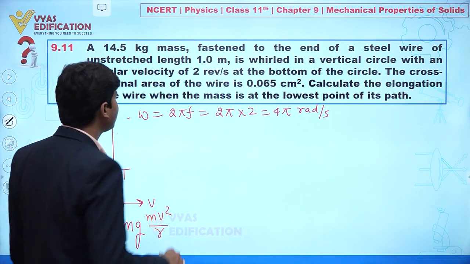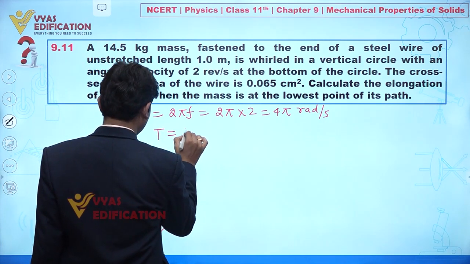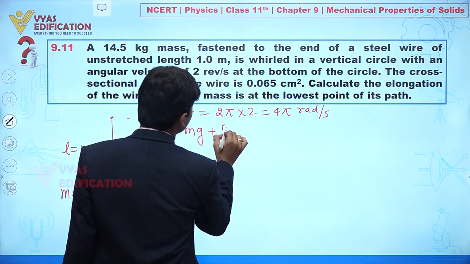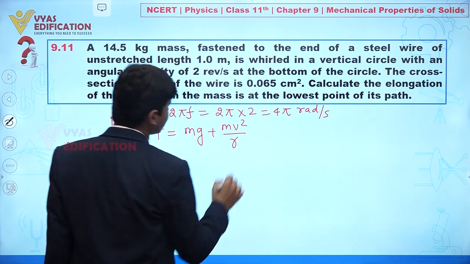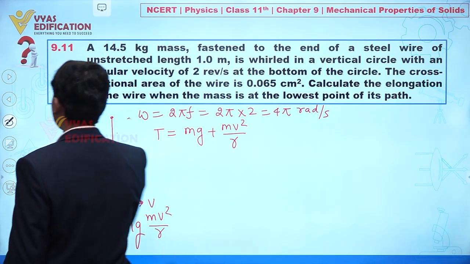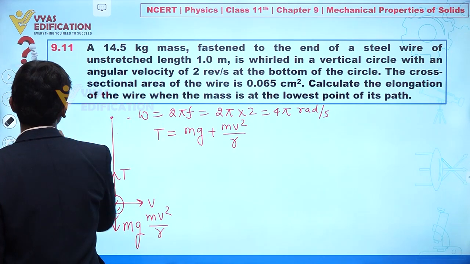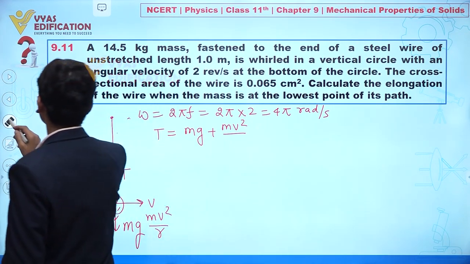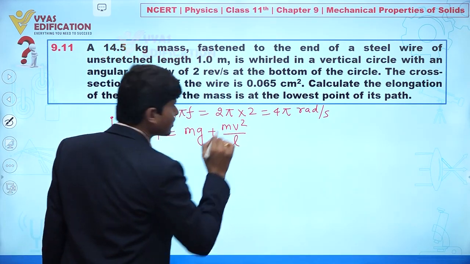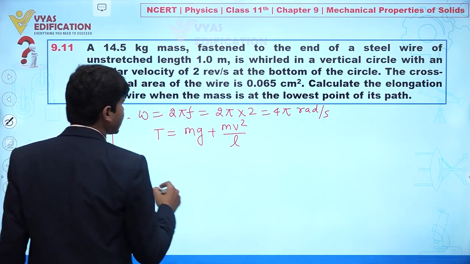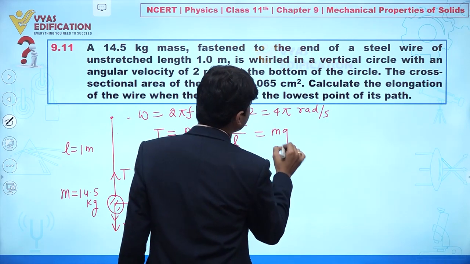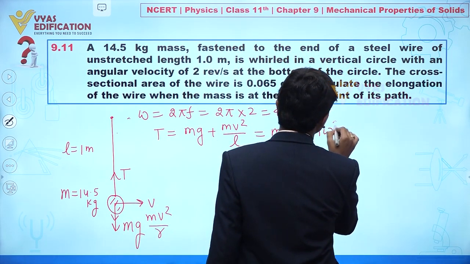So the value of tension T is given by mg plus mv square by r. Instead of r you can write L. So we can also write this as mg plus m omega square L.